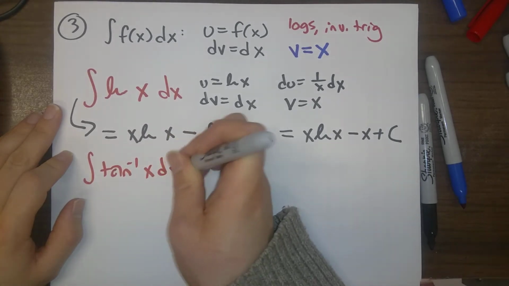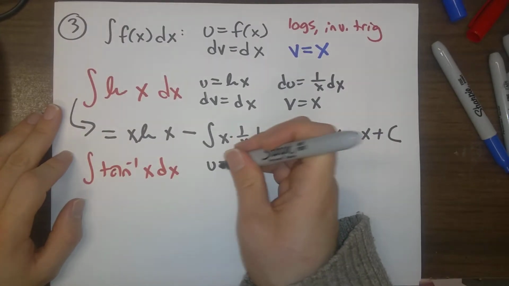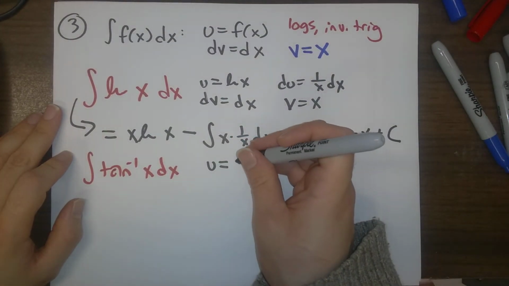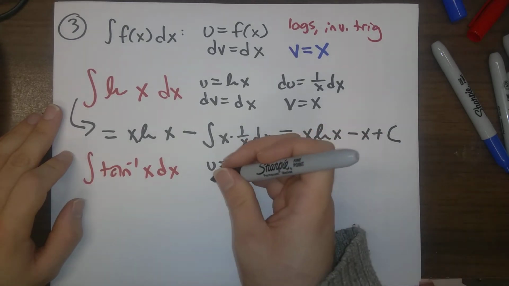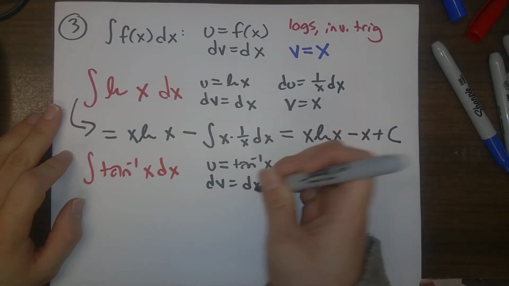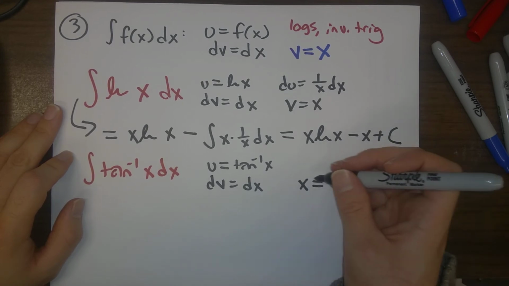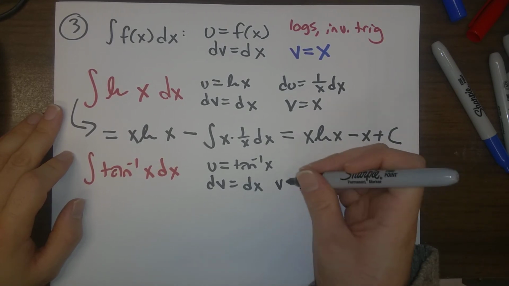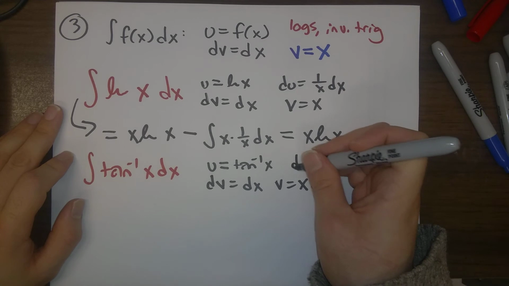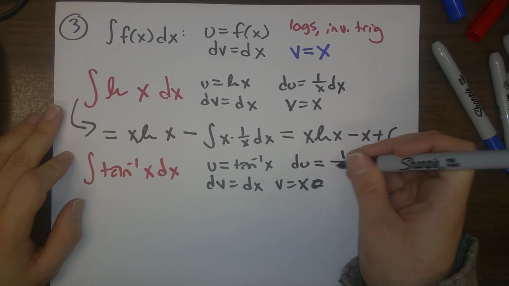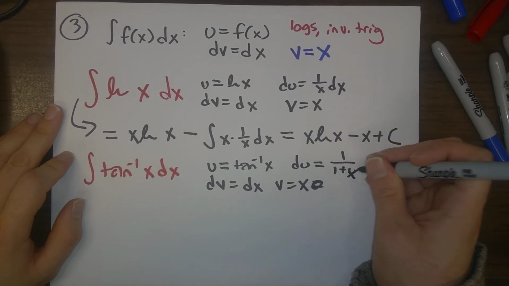An example of inverse trig: arctangent x, and we set u equal to arctangent of x, and dv equal to dx. v would be x, and the derivative of arctangent is 1 over 1 plus x squared.